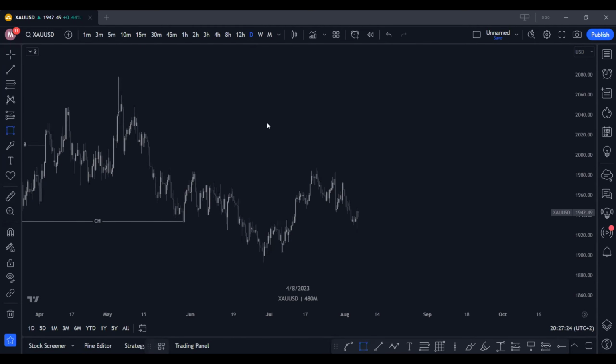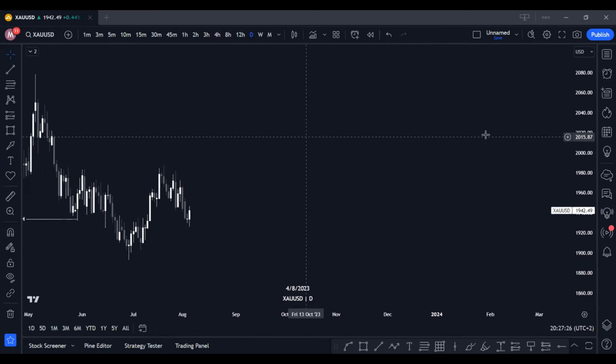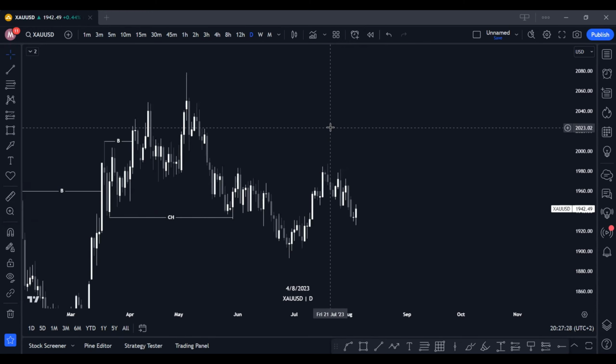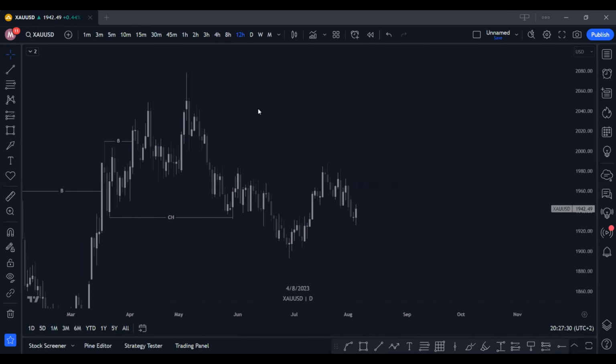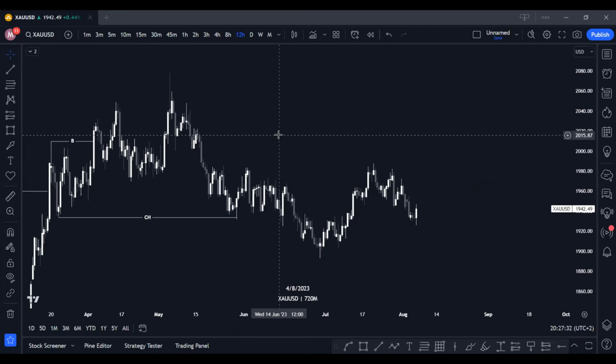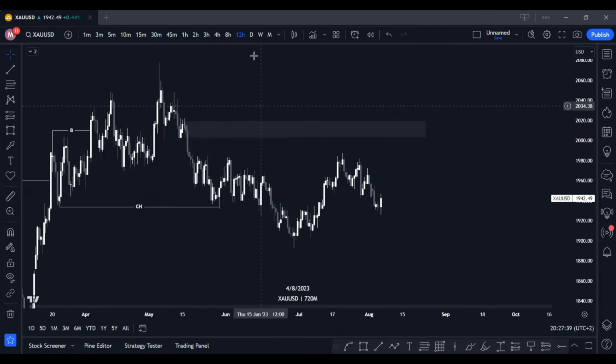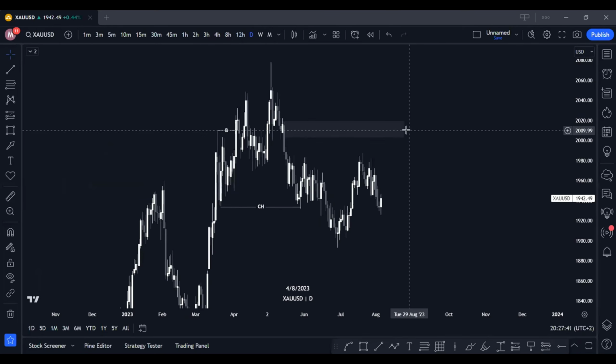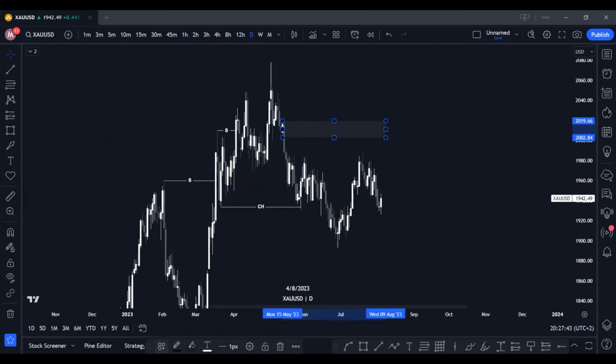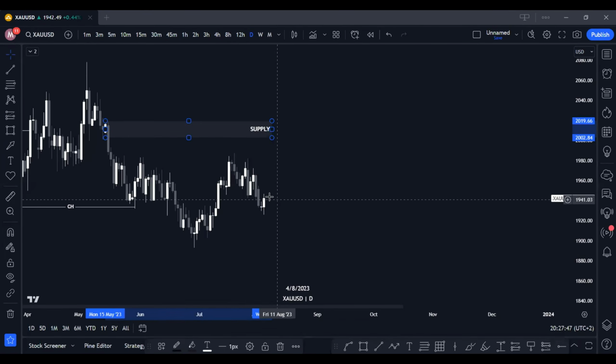Let me just move to the daily chart. 12-hour chart. Okay, we'll use this. Price did not come near our change of character supply area. Price just turned and continued pushing to the downside.